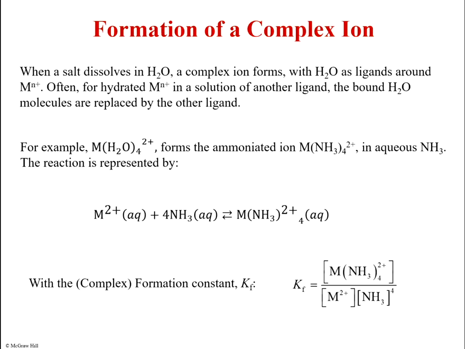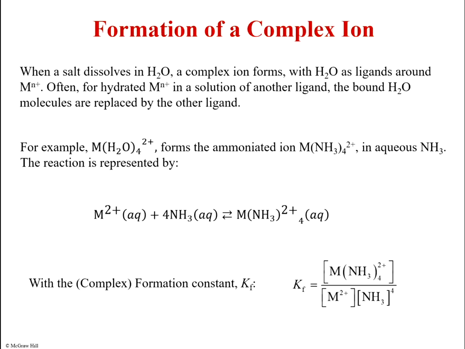For example, if you have a metal with 4 waters and it forms the corresponding ammoniated ion in aqueous ammonia, we can write out the reaction as follows. We typically don't write the waters in directly. We'll just write the metal 2 ion, the 4 ammonias, to form the metal tetraammonia complex. And so the formation constant, that is the equilibrium constant for this process, is shown down below.